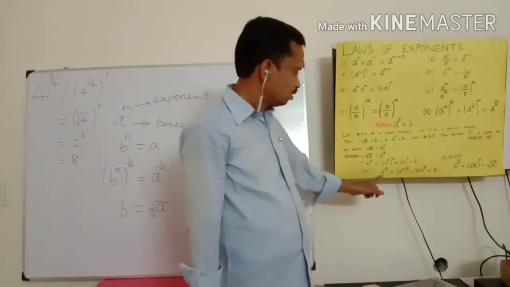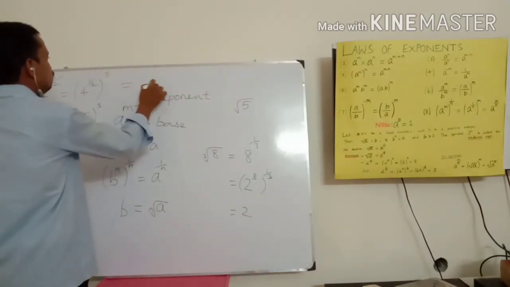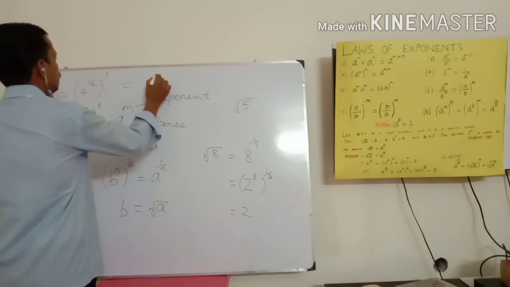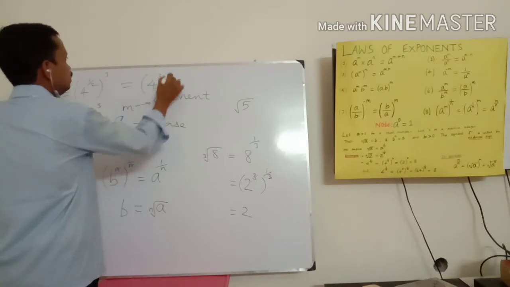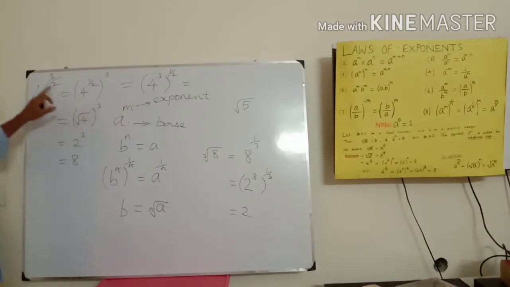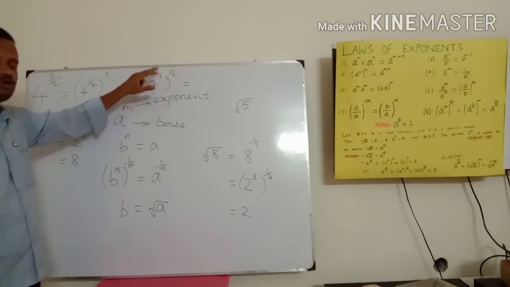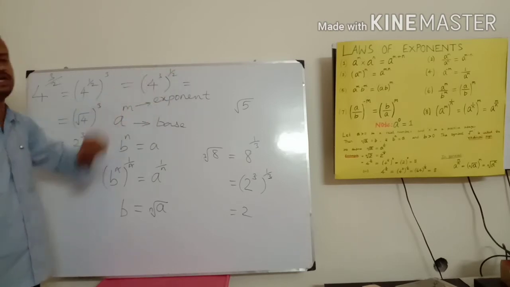And another way, 4 power 3 by 2, you can write like this: 4 cube into the whole to the power 1 by 2. That means 3 into 1 by 2.